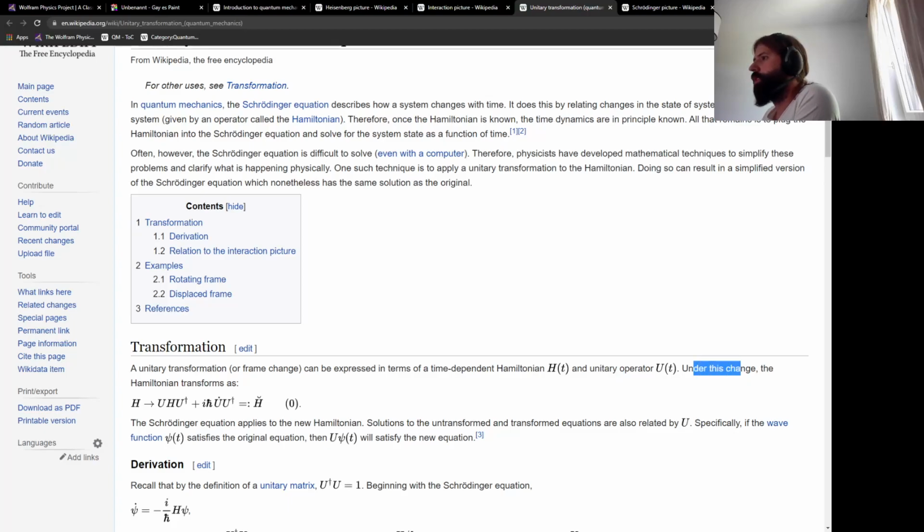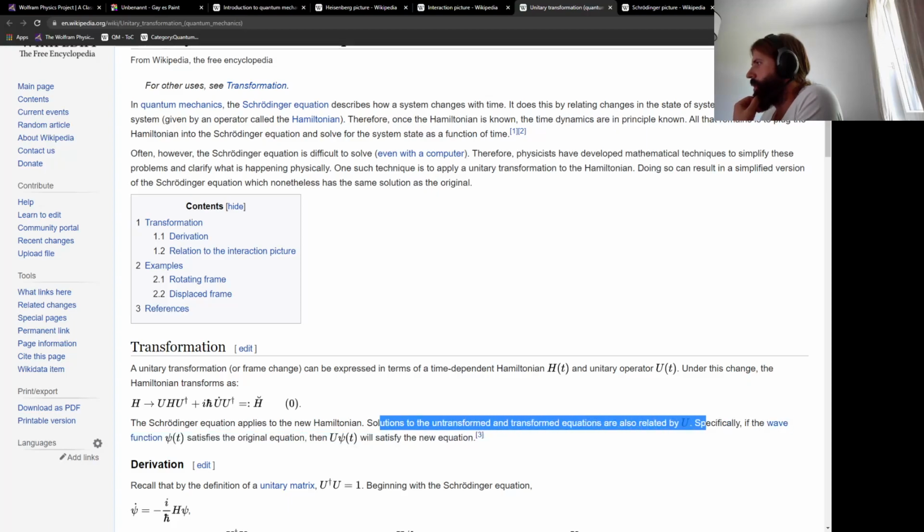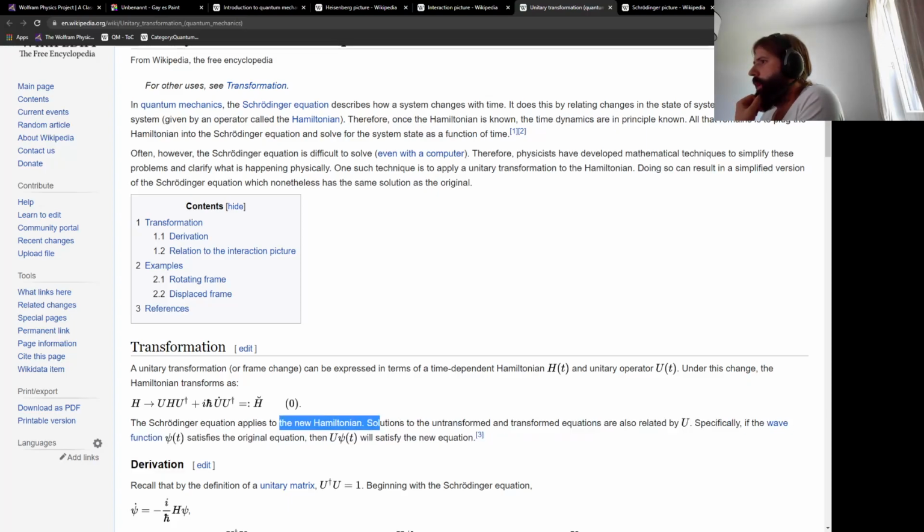Under this change, the Hamiltonian transforms as... okay, the Schrodinger equation applies. Solutions of the untransformed and transformed equations are also related by U. Specifically, I guess with these.